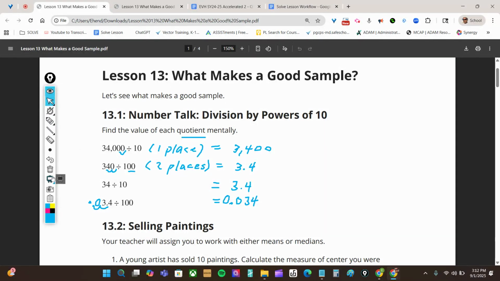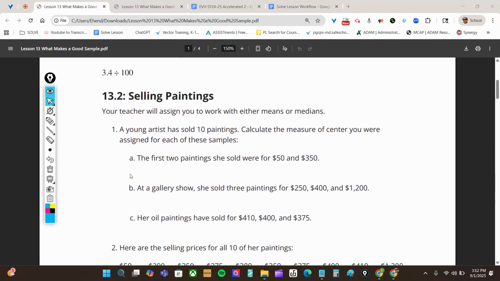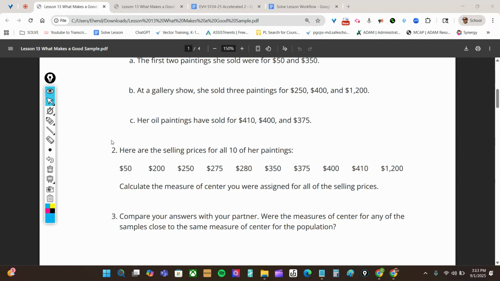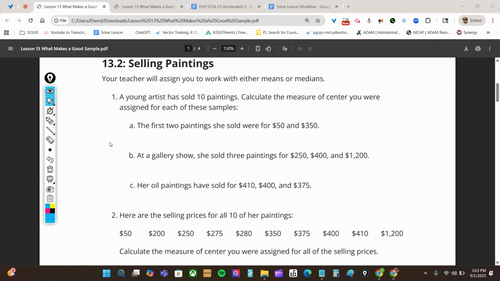All right, so we're going on to the next section, and basically 13.2, selling paintings. Your teacher will assign you to work with either means or medians. So that means as you solve questions 1 with their ABC, question 2, question 3, you're either going to solve for the median or you're going to solve for the means.